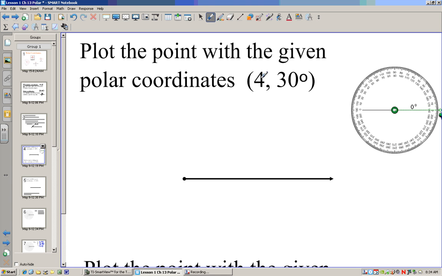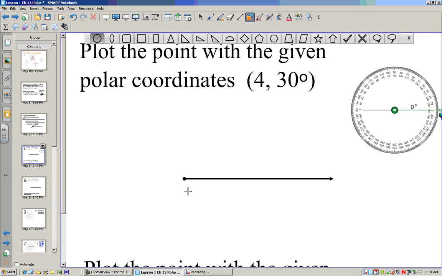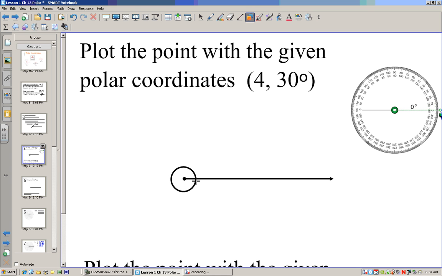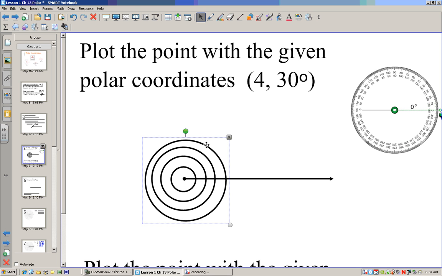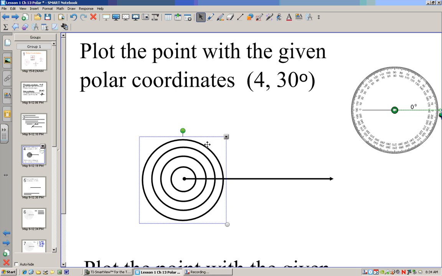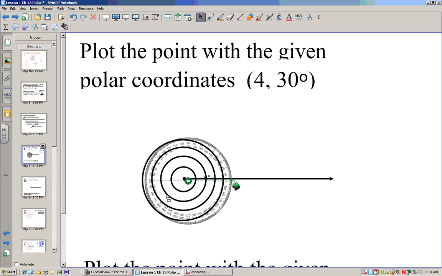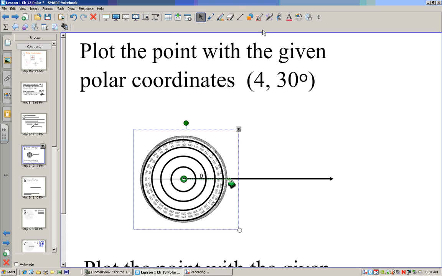So if we wanted to plot the point (4, 30°), what I would do is take out and try to get equal distances here. That one wasn't the best, but make it a little bigger. So we're going to go the distance of 4, and we're going to go in the direction of 30 degrees. 30 degrees is about right here.